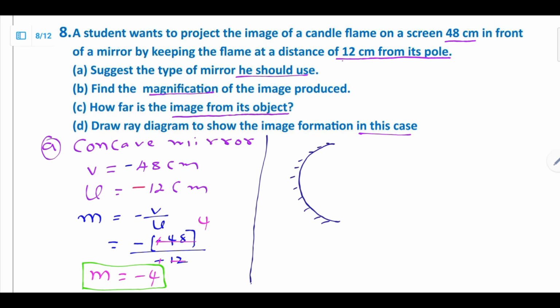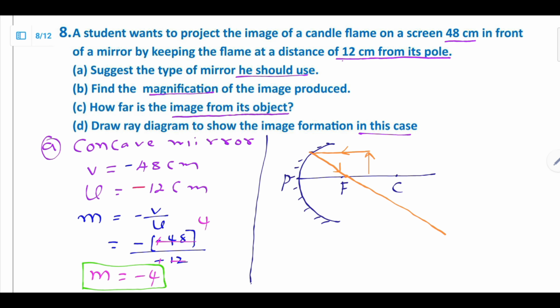Concave mirror, pole, focus, center of curvature. You will get a real, inverted and enlarged image only if the object is placed between focus and center of curvature. The first rule: the light ray incident parallel to the principal axis, after reflection, passes through the focus.